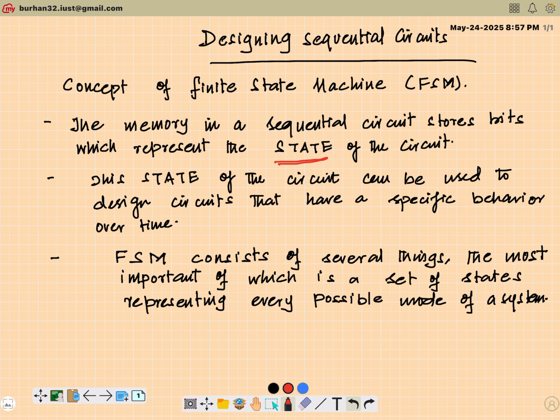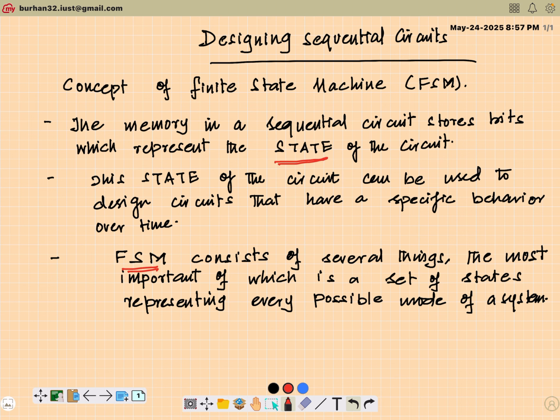So before we actually can discuss that methodology, we need to understand how we come up with these states. In other words, how do we come up with a finite state machine for a particular circuit behavior so that we can actually design it, right?